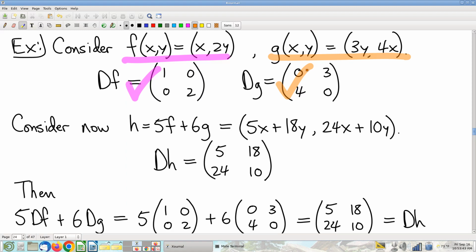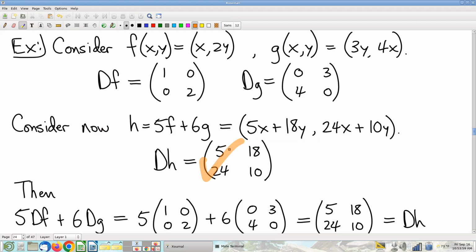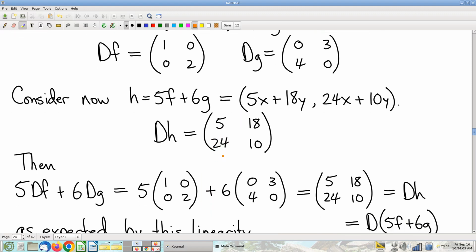Now let's see what happens if I take a linear combination of those functions. Here's the linear combination. You can just punch that up. And here's its derivative. Again, various partials arranged appropriately. Again, make sure you're good with that. And now, did it work? Did we get the linearity that we were expecting? Good news.